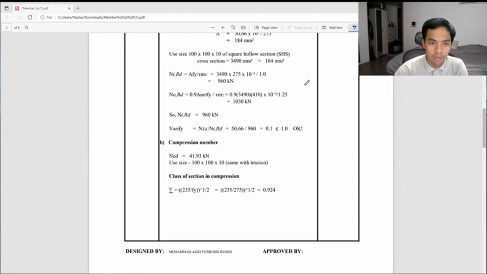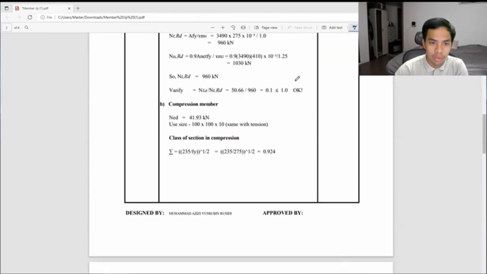So we get the value for N_t,Rd, which is 960 kilonewton. For the value N_u,Rd, we get 1030 kilonewton. So N_t,Rd is 960 kilonewton. So verify N_Ed over N_t,Rd equals 50.66 over 960 equals 0.1, which is less than 1.0. That means the design is okay and acceptable.